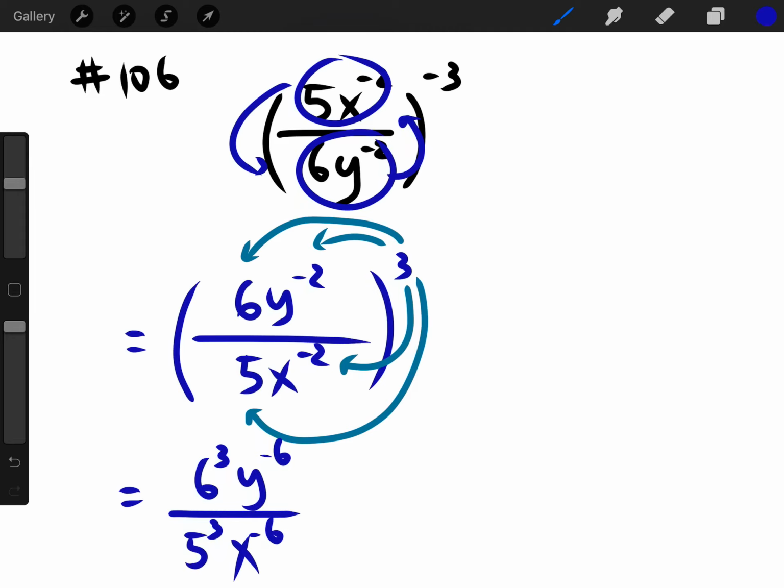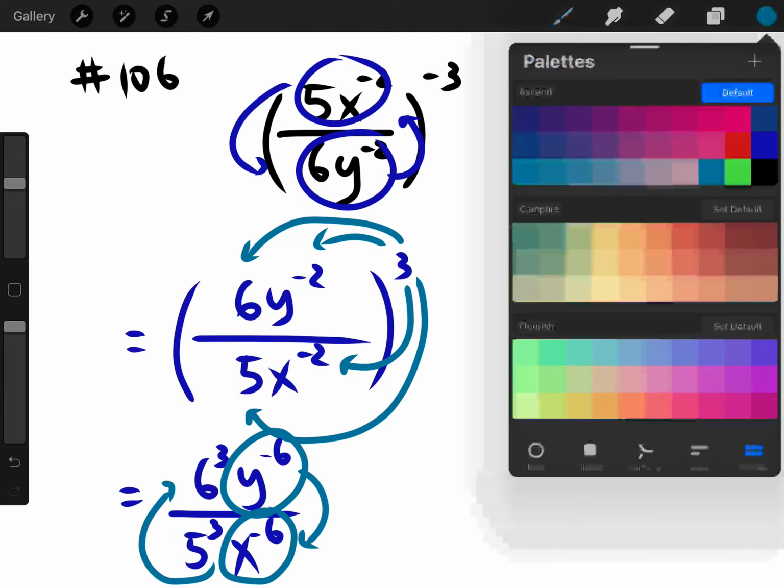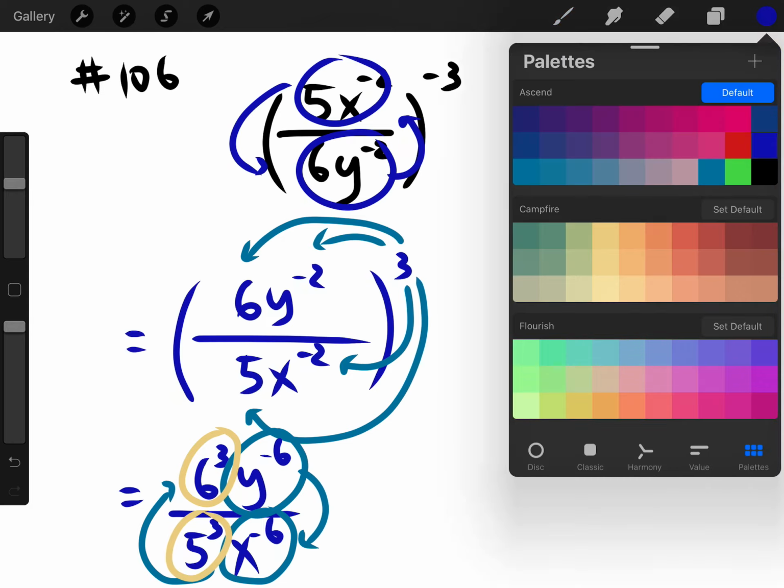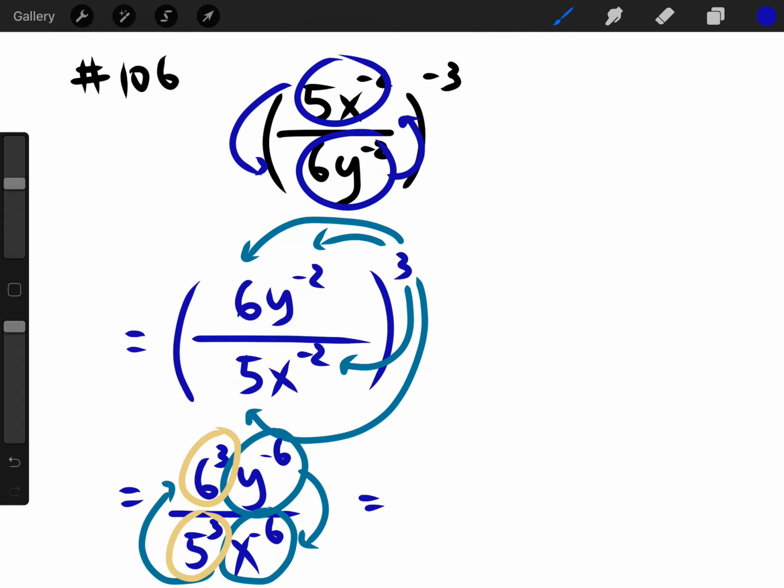Now let's do some flipping because this is a negative 6. All you need to do is bring this whole thing down and bring the x to the negative 6 to the top. And also we have to multiply out the 6 cubed and the 5 cubed. We know that 6 cubed is going to be 216, and 5 cubed is going to be 125.